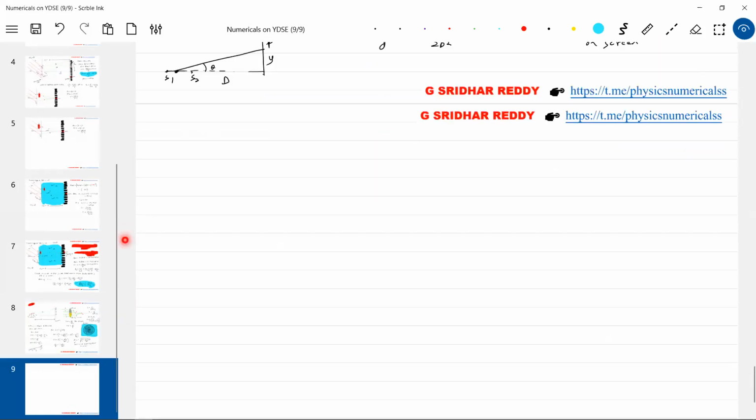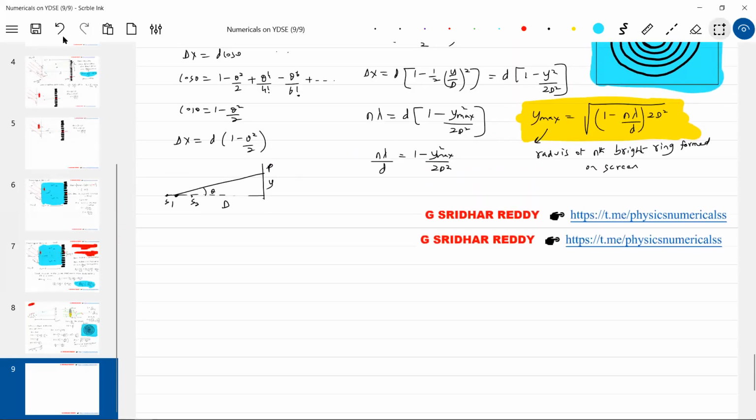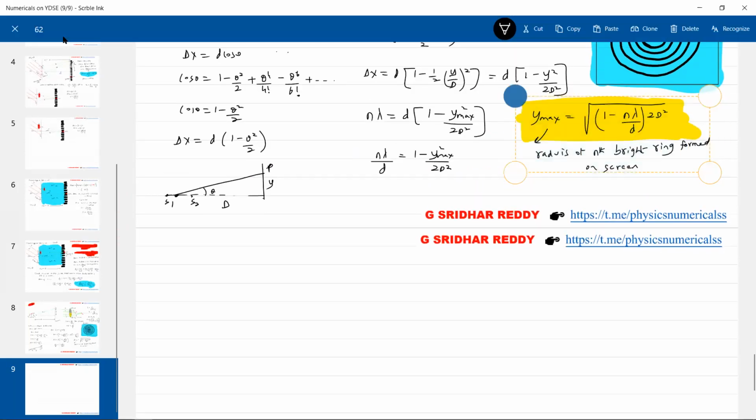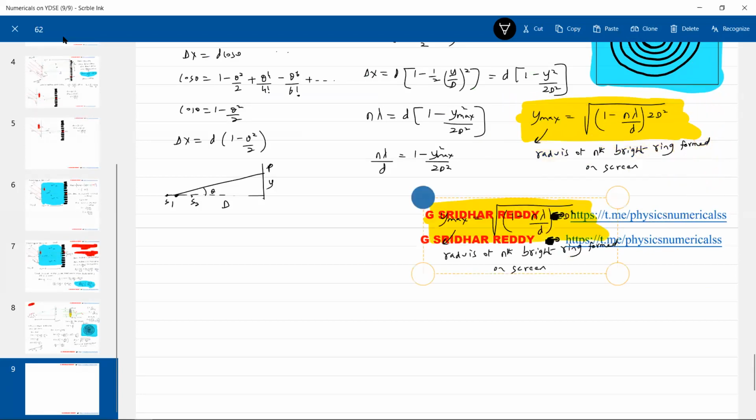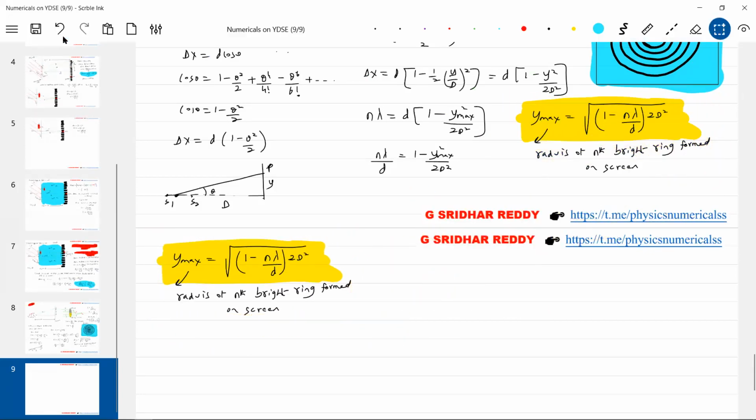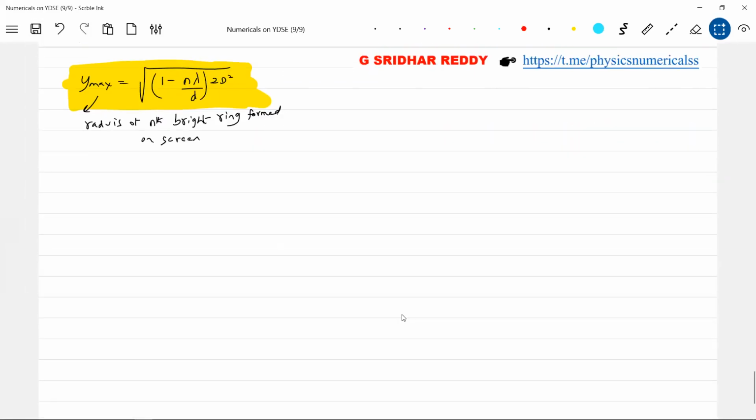So let's discuss that particular formula slightly, because the numericals are based on this end formula now. Nobody will ask you to derive this, but the end formula and its interpretation matter a lot. Now look at this, the diagram. There's a small d and a monochromatic source.